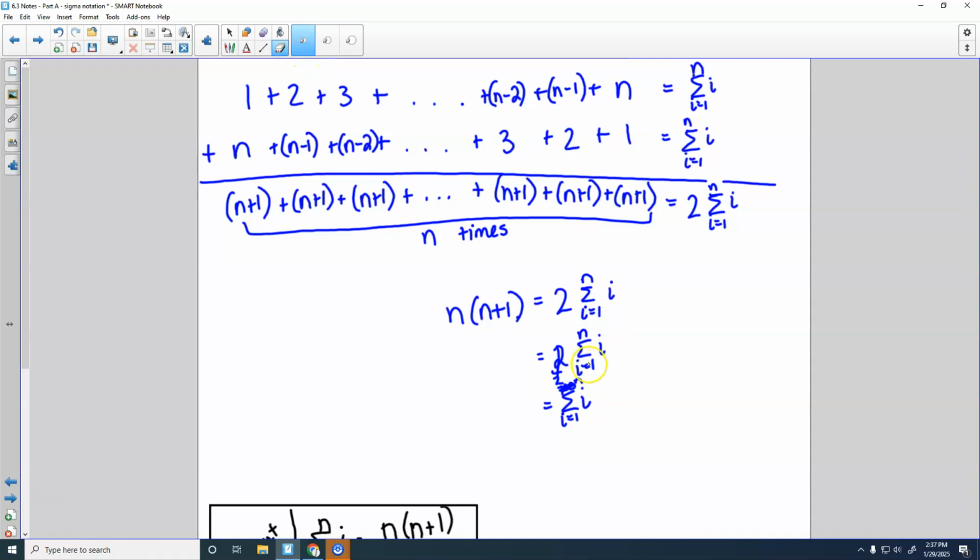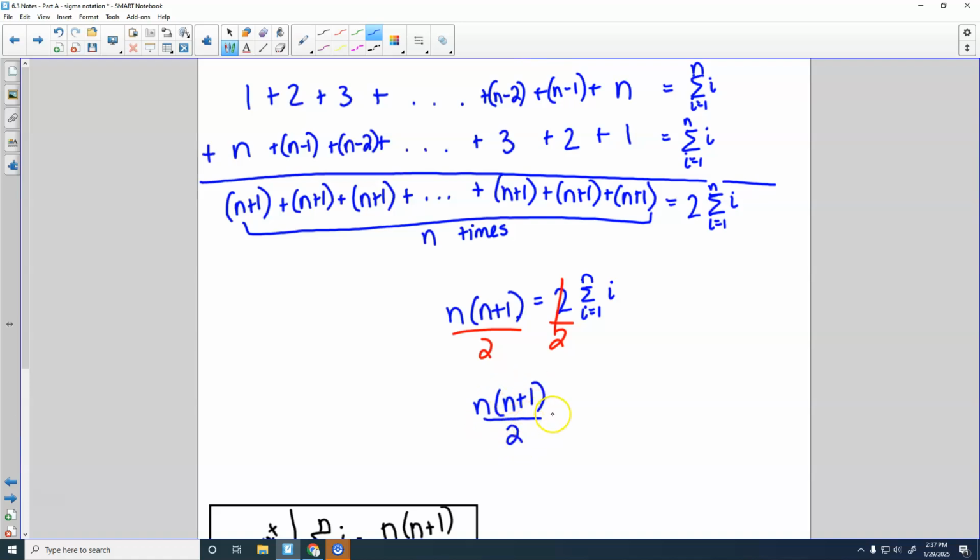So, actually I'm going to erase this. This is a mess right here. So now I've got n times n plus 1 equals 2 times the sum from 1 to n of i. If I want to have just the sum from 1 to n of i, I need to get rid of that 2 just like we did before. Divide off that 2. And so now, n times n plus 1 over 2 equals the sum from 1 to n of i.